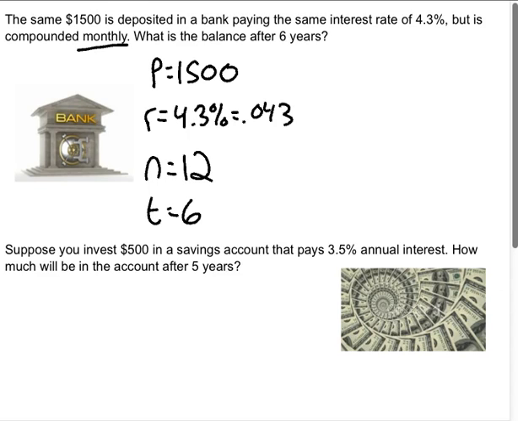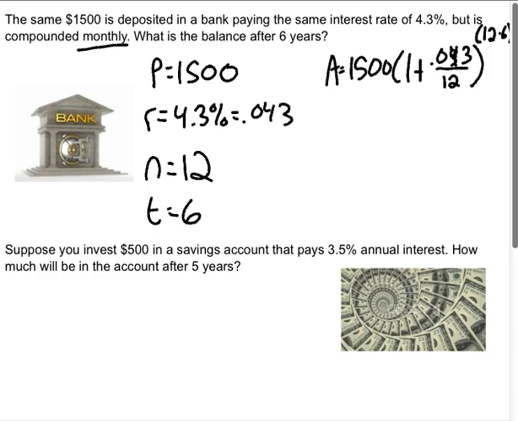So let's plug that in now. Your money is going to be 1,500 times 1 plus that same interest rate, but this time it's compounded monthly, so we use 12 instead of 4.